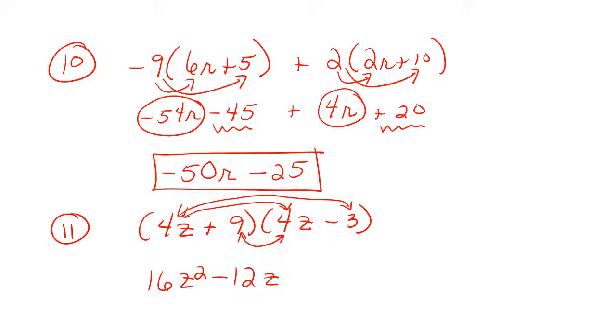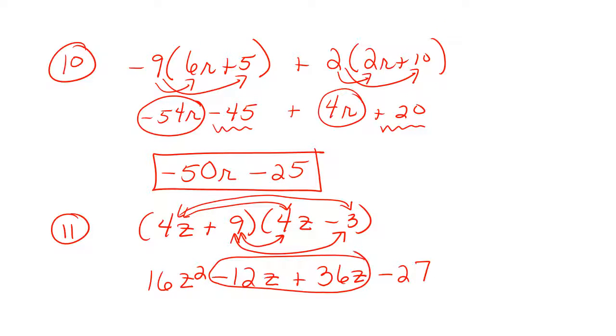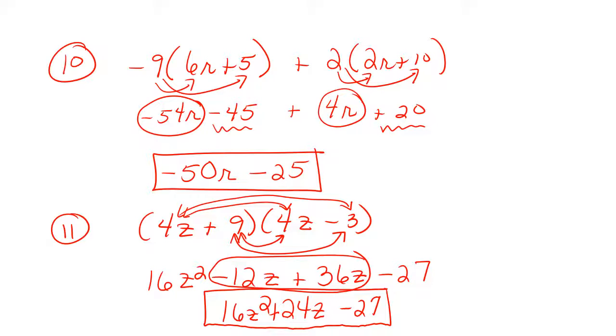The innermost terms would yield 36z, and the last numbers in each parentheses multiply to give me -27. Notice that the middle terms are like terms, so combine them to get 24z. The answer would be 16z squared plus the 24z minus the 27.